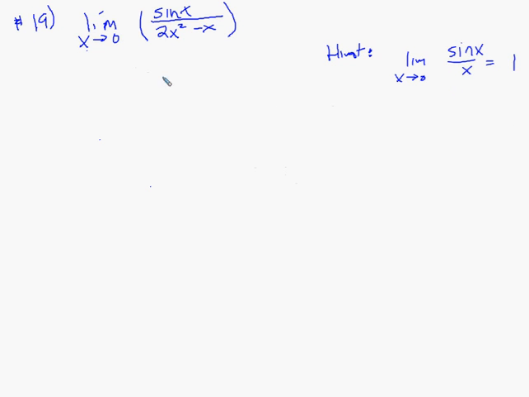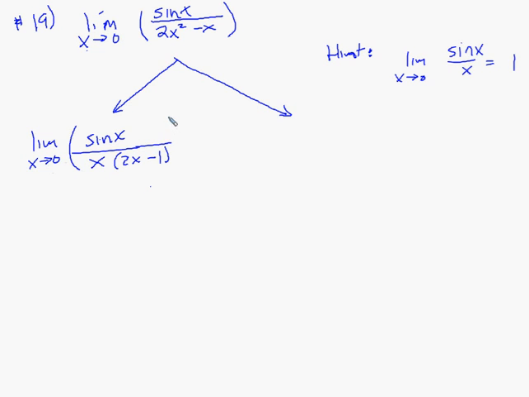So if I want to use this, we're going to try this two ways. So the first way, we'll use this hint. So I'll factor that denominator. So I can think of this in pieces. The limit of sine x over x as x approaches 0 is 1.